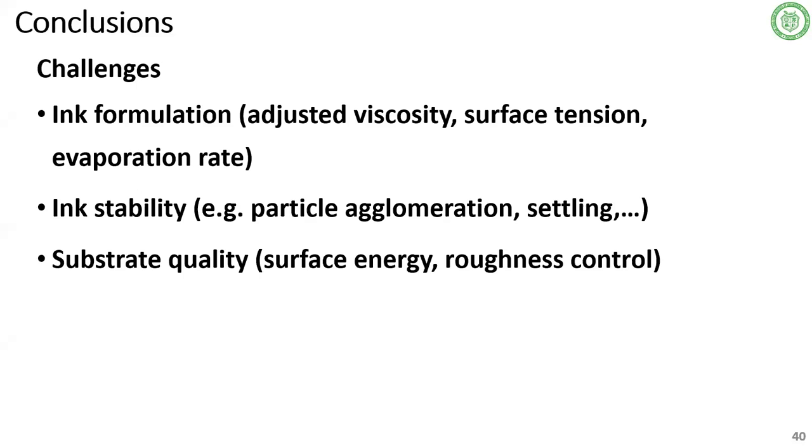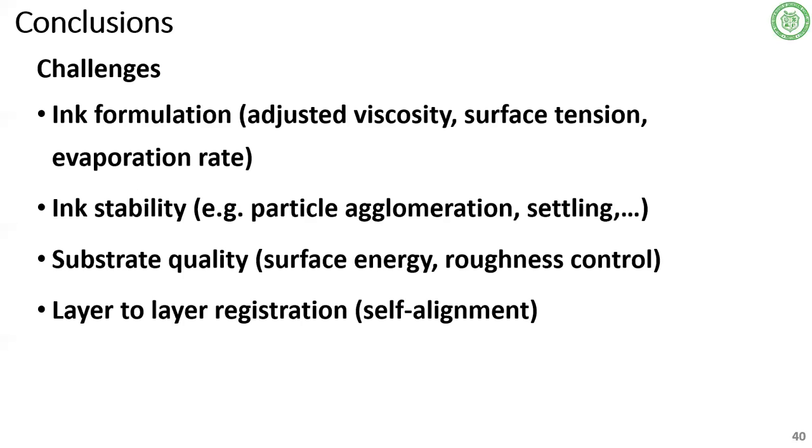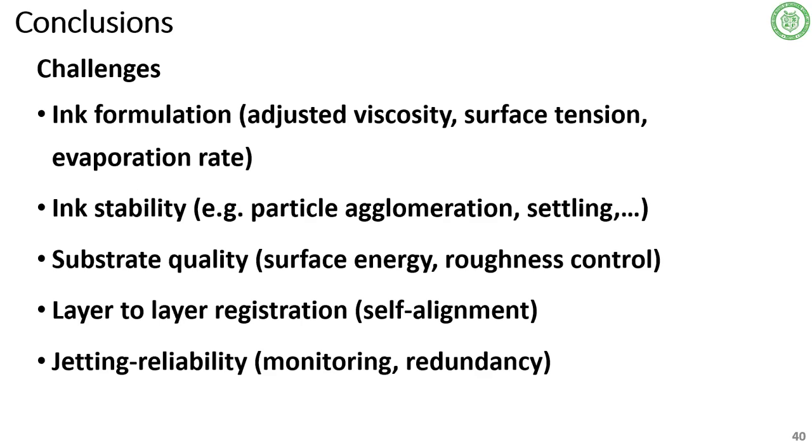Then substrate quality: you have to control the substrate surface energy and roughness. And the other thing is that a printed device is made of multiple layers, so layer to layer registration means the first layer and second layer should be at the precise place. So registration in printing technology is very important. That is another challenge.